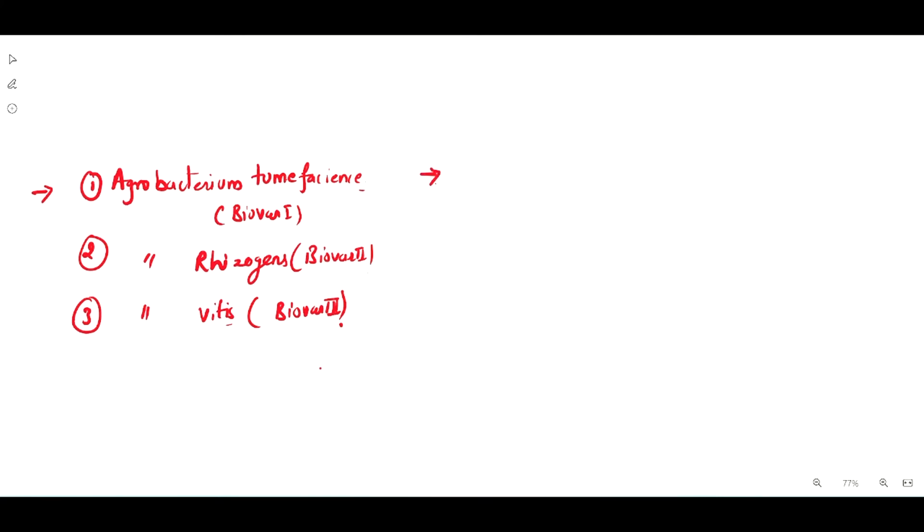Agrobacterium tumefaciens contains a plasmid, rhizogenes also contains a plasmid, and vitis is the same as Agrobacterium tumefaciens and contains a plasmid. As we know, plasmids are extra chromosomal DNA and are used for gene cloning purposes.